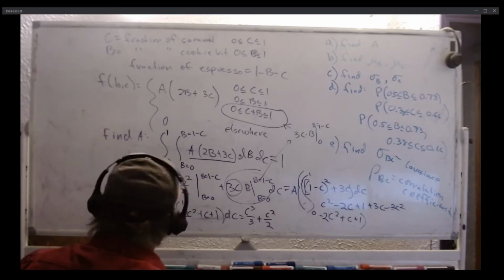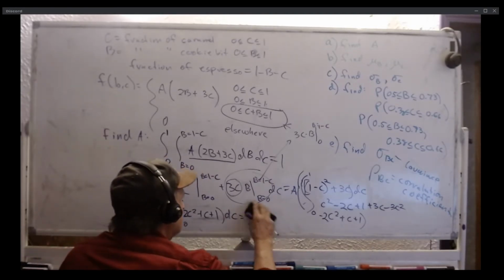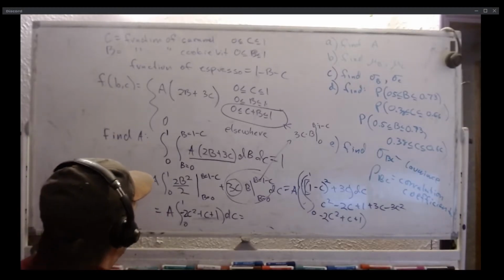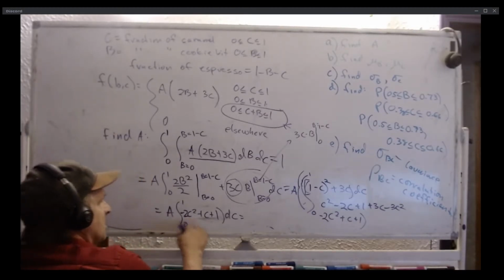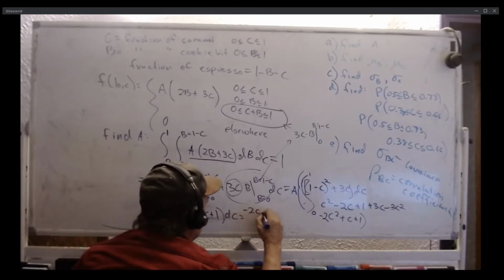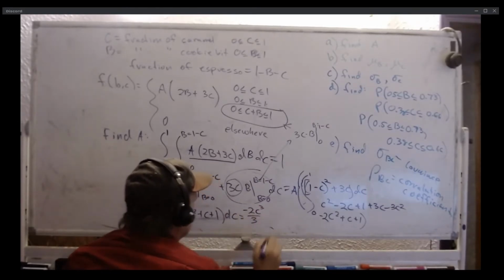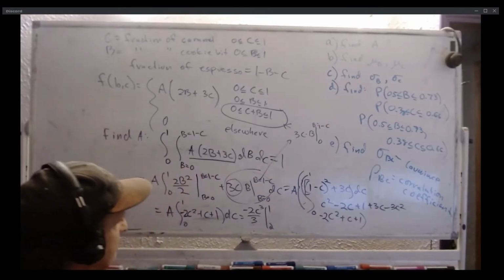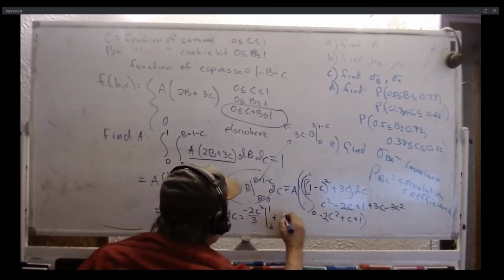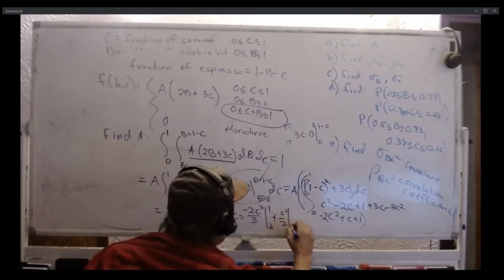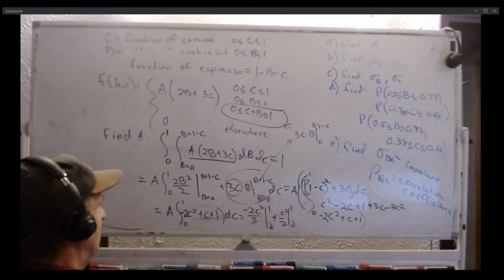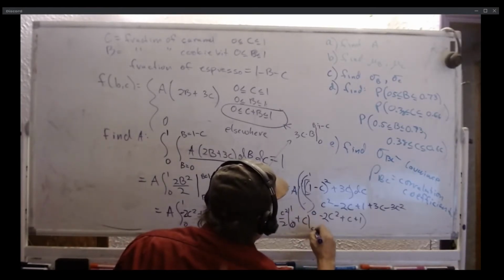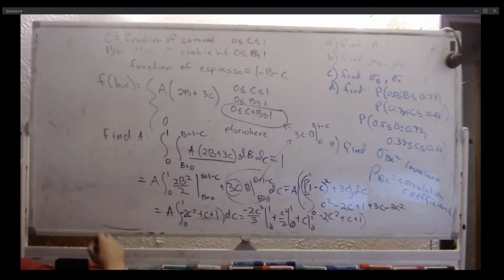Fortunately, it's not real hard to fix, right? So now we have the integral of negative 2c squared. That's going to be negative 2c cubed over 3, 0 to 1, plus c squared over 2, 0 to 1, plus c, 0 to 1. And I got to come over here now.